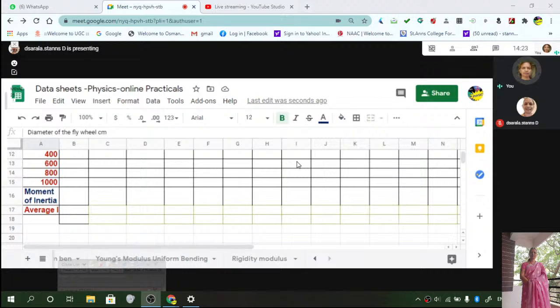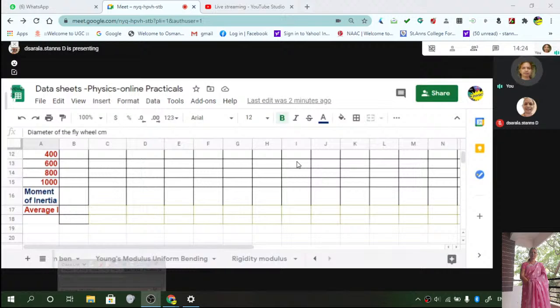You can repeat this experiment after a reset. You must reset it and then increase the mass to 400. Release the flywheel, find out the time and then show the result. It will show you the result, 0.0063.